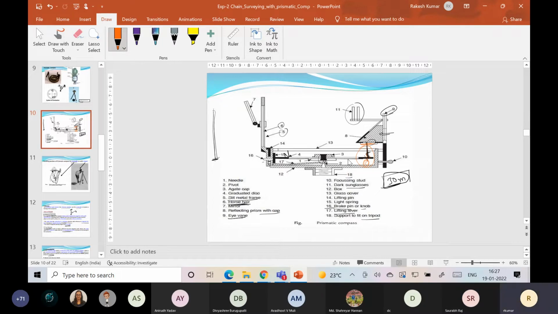You can see it on YouTube, or if you want more clarity, you have to make some effort, because anyhow you should know. So my question is what I said in the beginning: we are using the chain and prismatic compass. Chain for the linear measurement and prismatic compass for the magnetic bearing. So why am I using the chain?